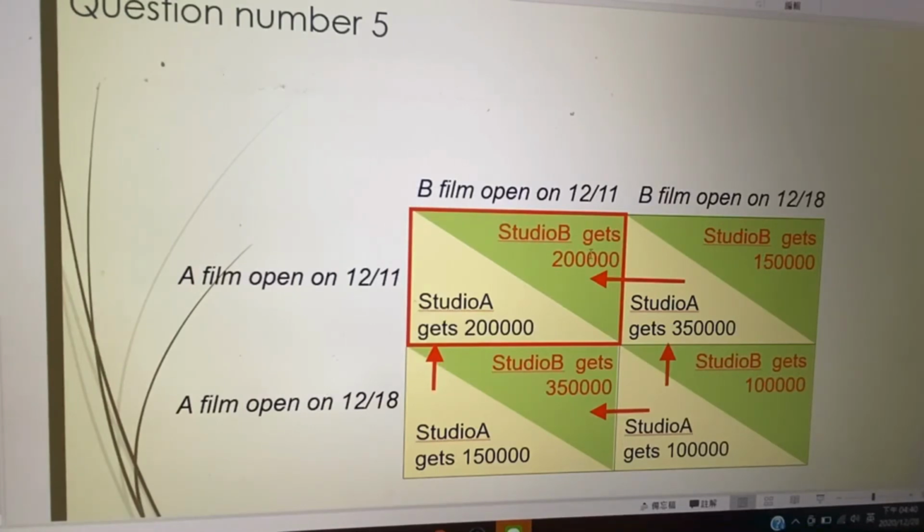So 350,000 is better than 100,000, and 200,000 is better than 150,000. So the dominant strategy for B is to open on December 11.